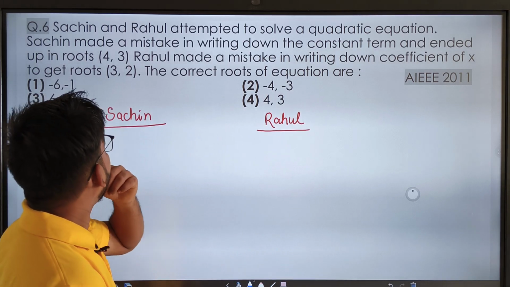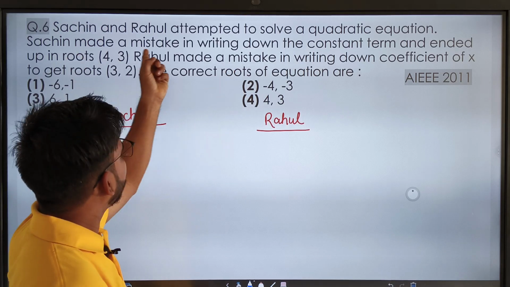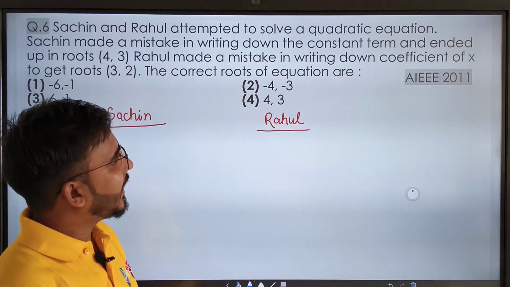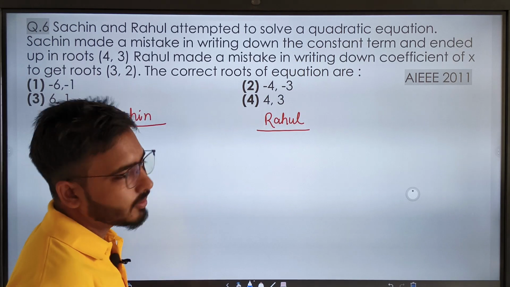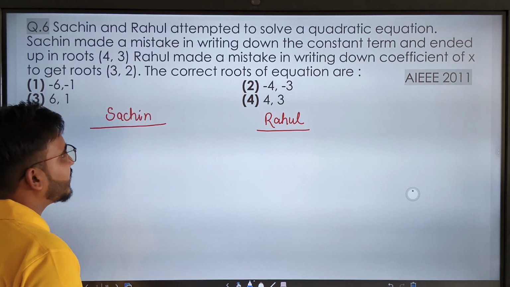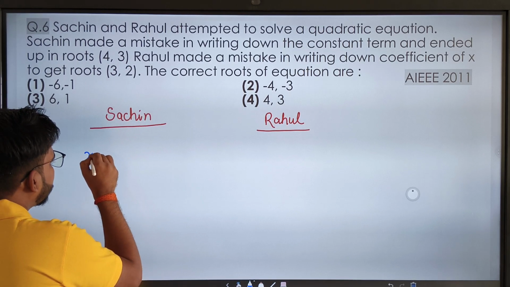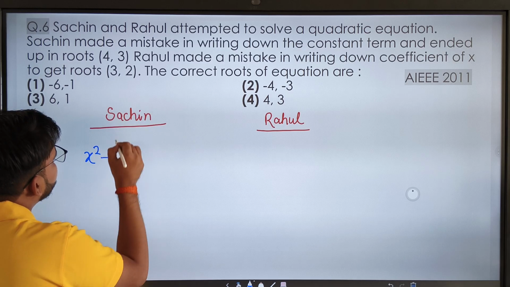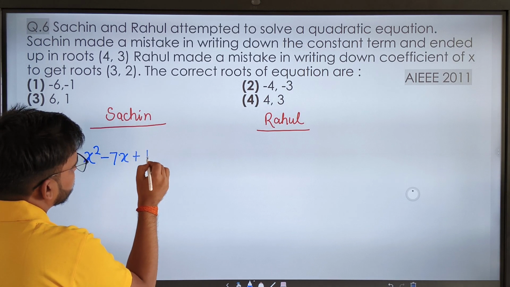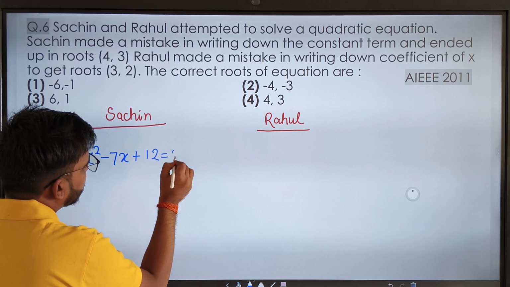It is saying that Sachin made a mistake in writing down the constant term and ended up with roots 4 comma 3. If he ended up with roots 4 comma 3, it means his equation was going to be x square minus sum of roots, that is 7x, plus product of roots, 4 threes are 12, equals to 0.